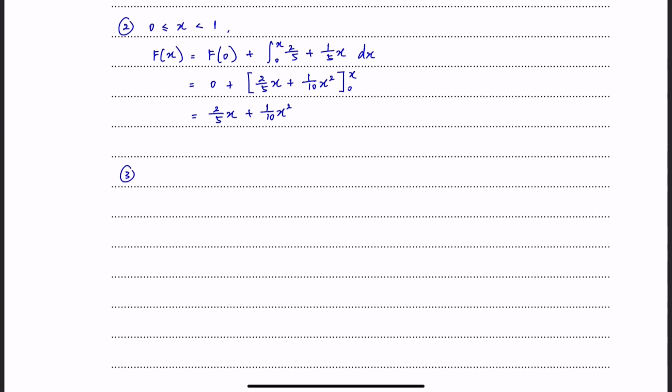So for the third step, when x is in between 1 and 2, we have F(x) equal to F(1) plus the integration of 4 over 5 minus 1 over 5x from 1 to x.